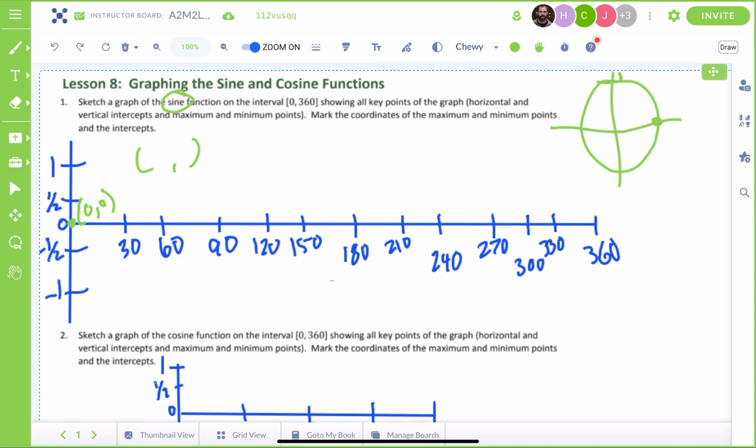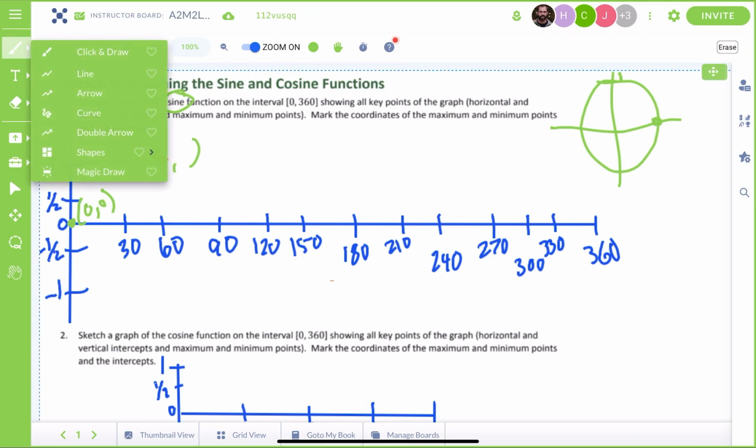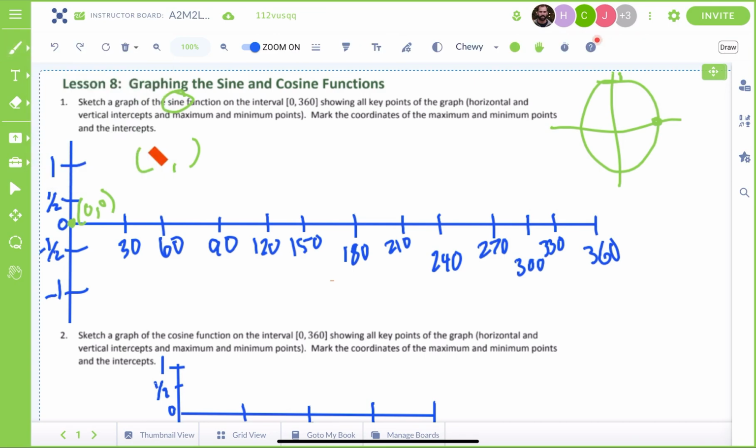So it would be 90 and 1. Our x is 90, and our height is 1.